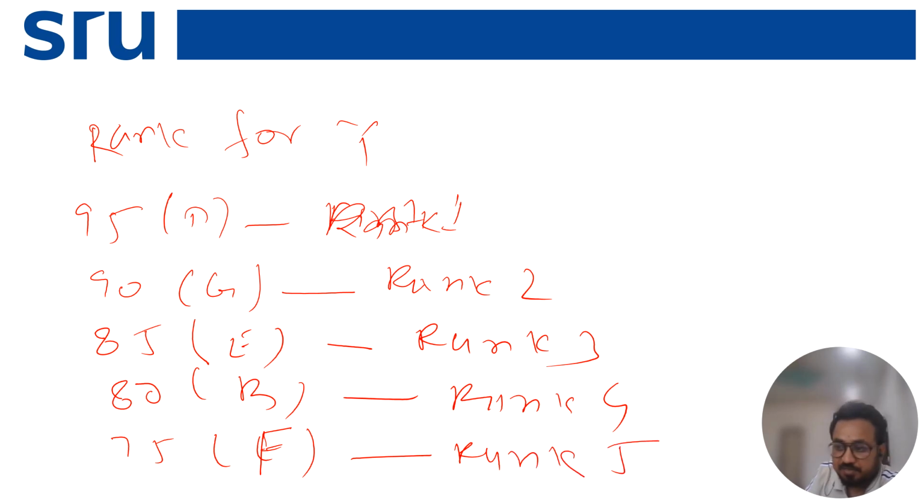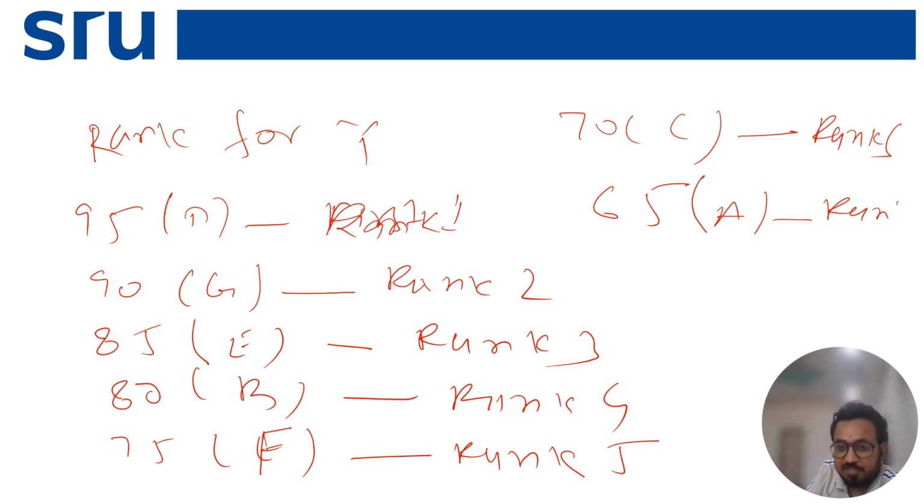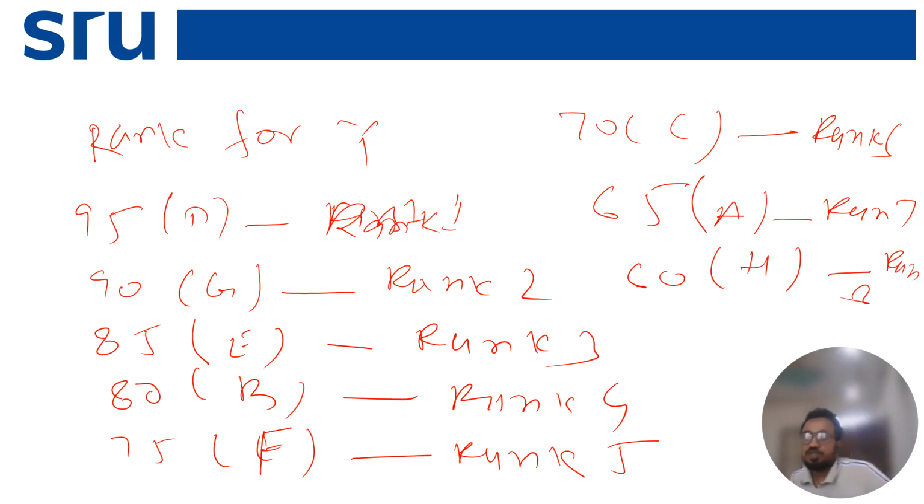Student C got 70, having rank 6. 65 got by student A, rank 7. Then 60 by student H got rank 8. So in this way we have found the rank for the students corresponding to the data X and Y.